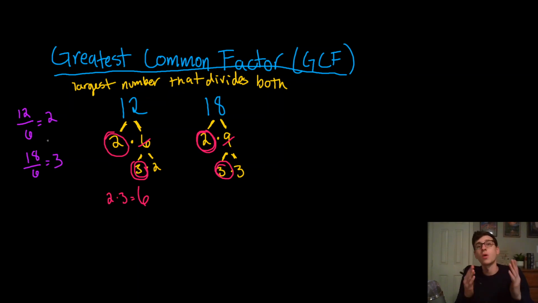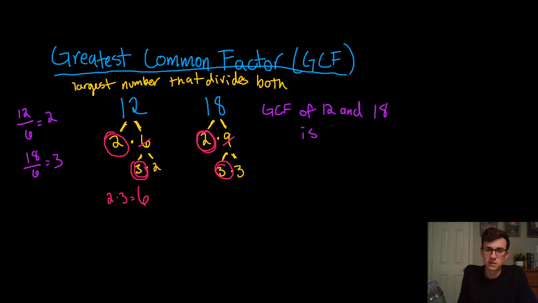These are both what we call prime numbers, and they have no common factors between them, right? 2 and 3, there's nothing I can divide 2 by that will give me a whole number that I can also divide 3 by that would give me a whole number other than 1, right? So my greatest common factor is 6. I would write the GCF of 12 and 18 is 6.